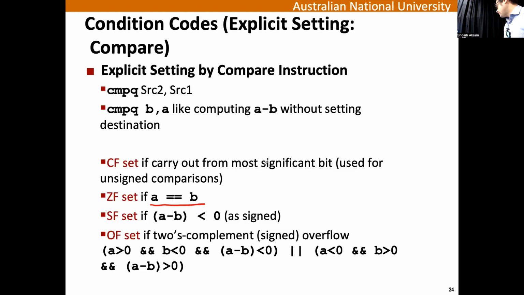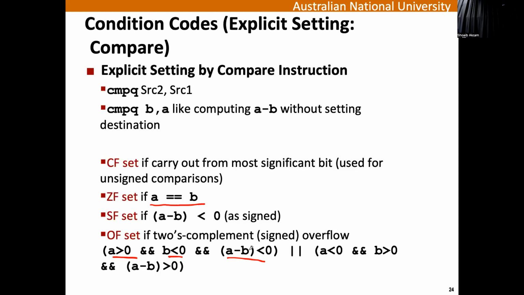Remember overflow? Here is, not a mathematically rigorous definition of overflow, but intuitively, if A is greater than 0, B is less than 0, and you do A minus B, you cannot get A minus B less than 0.